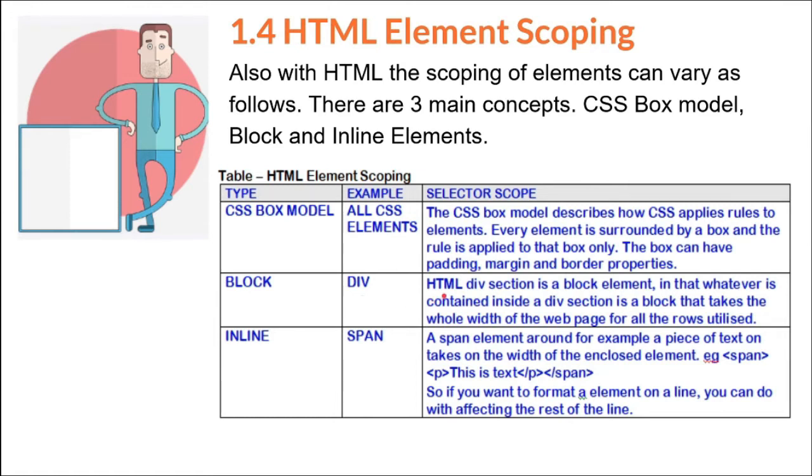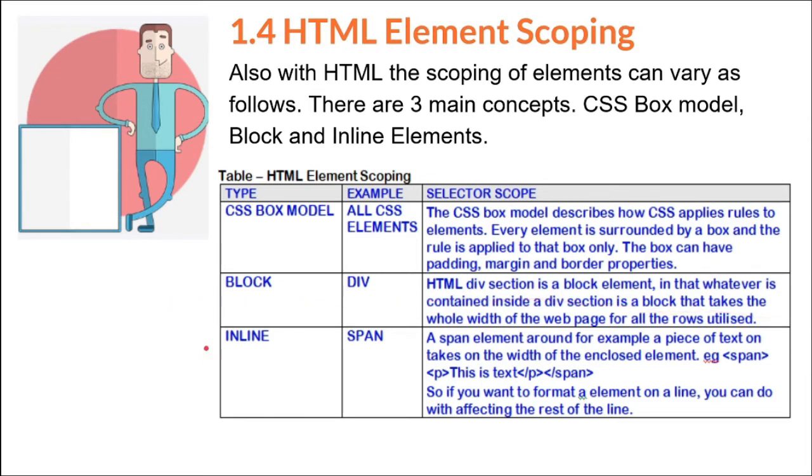So the HTML div section is a block element, in that whatever is contained inside a div section is a block that takes the whole width of the web page for all of the rows utilized. So this means it takes the whole width of the web page. So one div will contain a minimum of one line, and can contain multiple lines in the block.